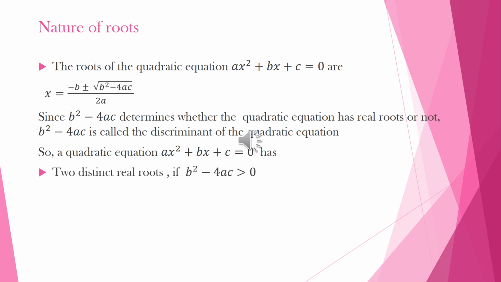If the discriminant b square minus 4ac is equal to 0, then the quadratic equation will have two equal real roots. And the last case, if b square minus 4ac is less than 0, there are no real roots.